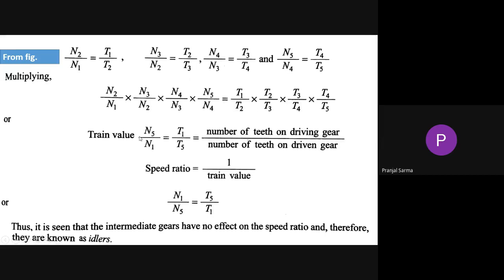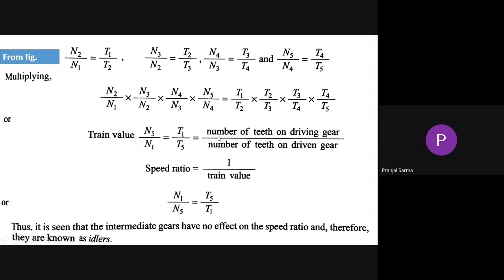Similarly, t2 will get cancelled, t3 cancelled, t4 cancelled, and t1 by t5 remains. Understood? So n5 by n1 is nothing but the train value, the final one by the initial one, which we have obtained as t1 by t5.